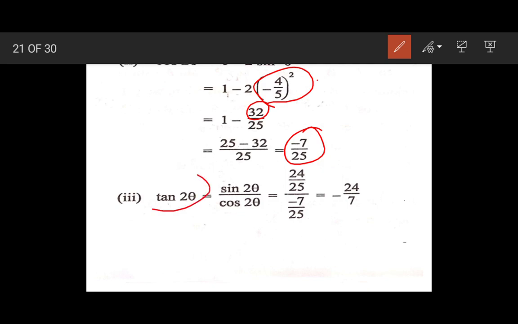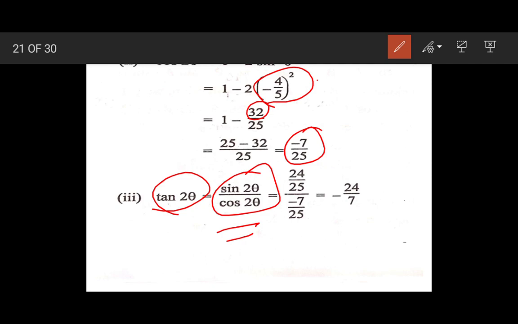Then next is find tan 2 theta. So tan 2 theta will be sin 2 theta upon cos 2 theta. Why am I going to apply the formula for tan 2 theta when I know sin 2 theta and cos 2 theta? So simply I am using this formula. It is up to you which formula you are going to use. From any formula you will get the same answer.